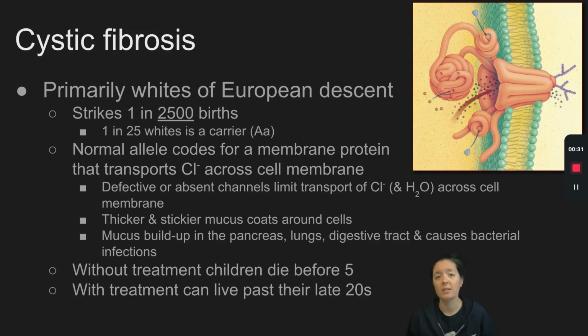The protein that's affected is a membrane protein, which we've learned about, and it controls how much of a chlorine ion can get into and out of a cell. It's a lot harder for this molecule to get into and out of the cell when somebody has cystic fibrosis. Without treatment, children usually die before the age of 5, and with treatment, people can live into their 20s, but usually they don't have a very long life.